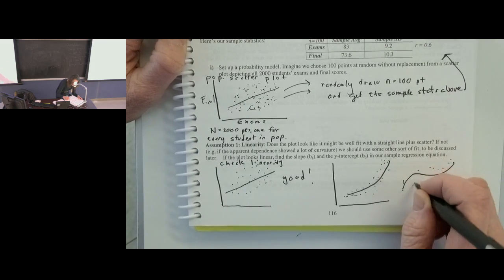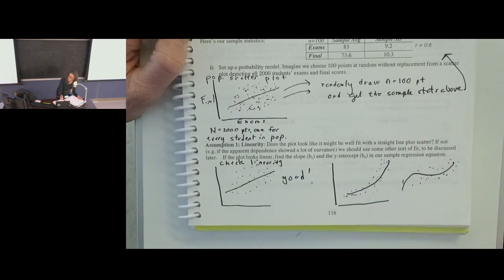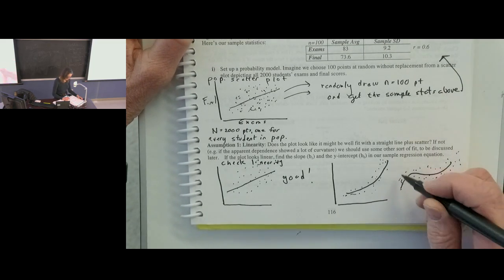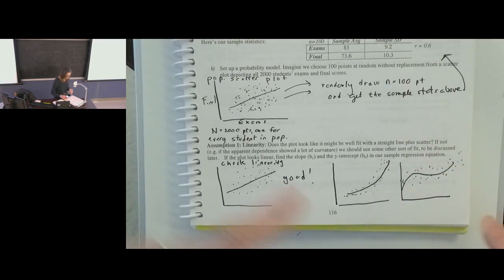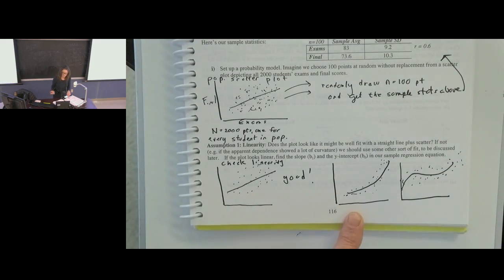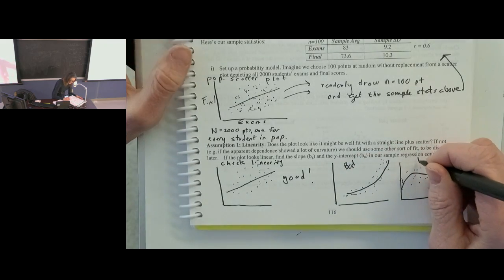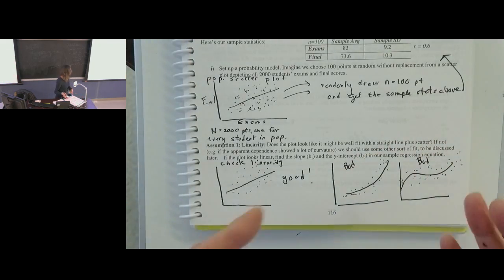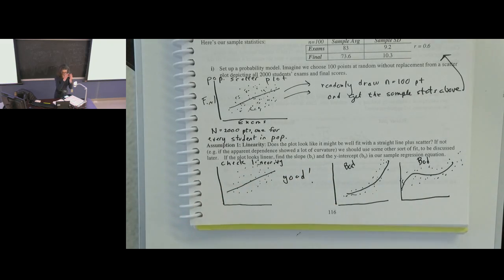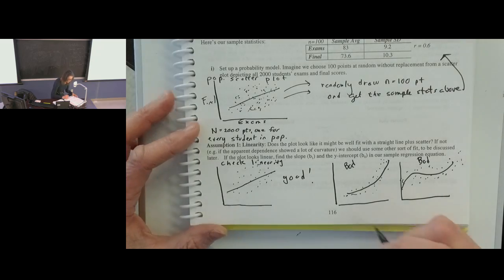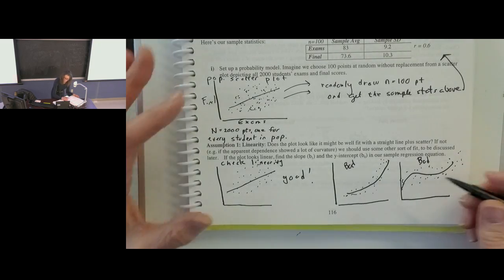There are lots of different possibilities. But if you see some pattern that's not linear, you don't want to fit a line to it, right? This would violate linearity. It just means that you're not going to try to fit a line if you clearly have a curve. If it shows curvature, you want to fit a curve.